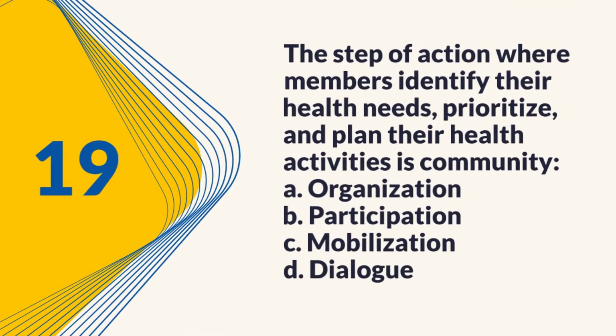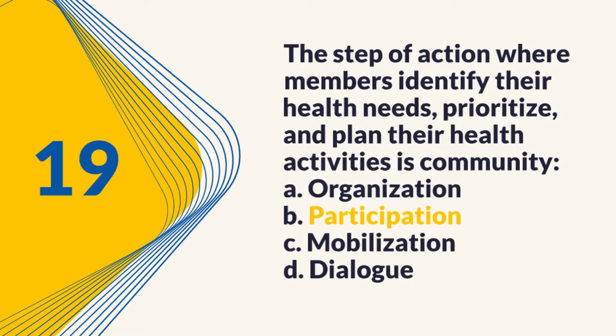19. The step of action where members identify their health needs, prioritize, and plan their health activities is community: A. Organization, B. Participation, C. Mobilization, D. Dialogue. Answer is B. Participation.